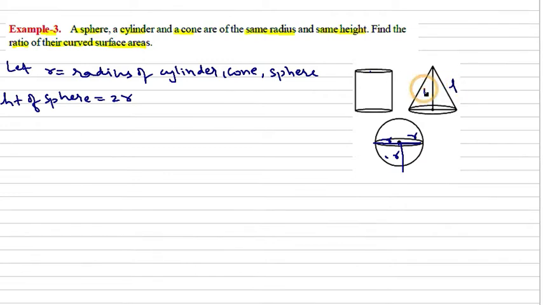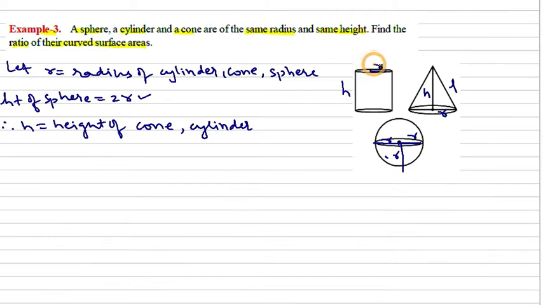Already we know the height is h and the radius is r. Here h is the height of a cone and a cylinder, but we are taking the height of the sphere as 2 times the radius.